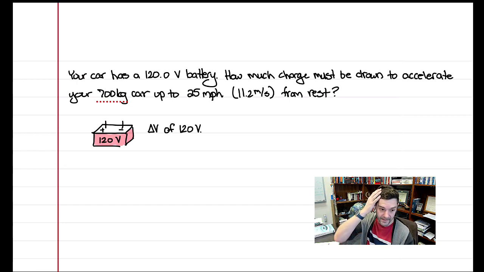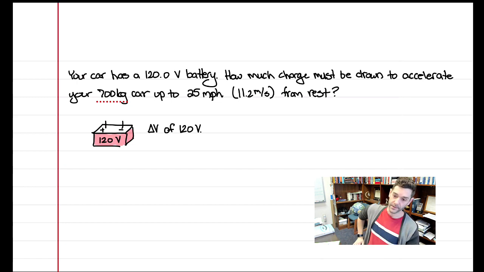Or you can think of it as calling the negative terminal 0 and the positive terminal 120. Or you can call the negative terminal 120, then the positive is 240. The difference is 120 volts, which again is what has any physical meaning.